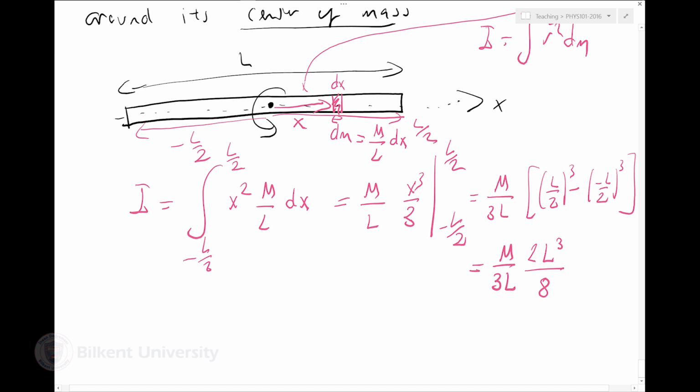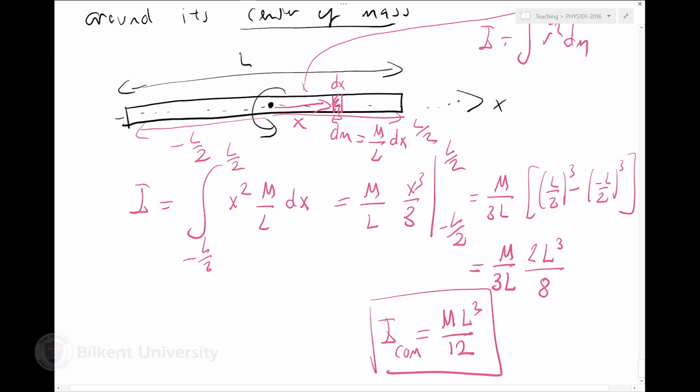Right? So all in all, it's going to be m L squared over 12. And this is I center of mass. And this thing I'm going to call I edge.